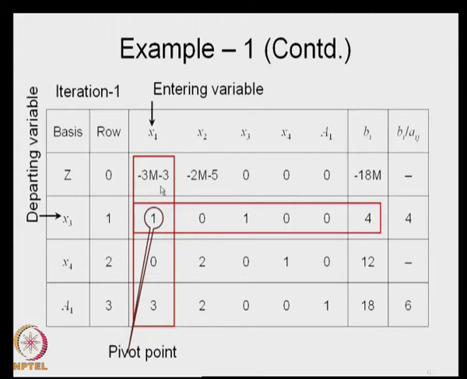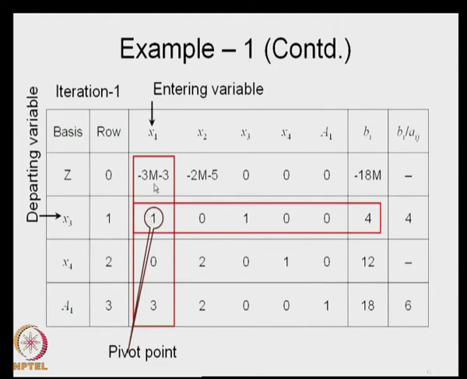Now, because this is the first time you are coming across this m in the simplex table, I will explain it in a bit more detail. Remember always that m is a very large number, and therefore, when you are comparing m with any other number, the magnitude of m will be much larger compared to any other values that you have here.